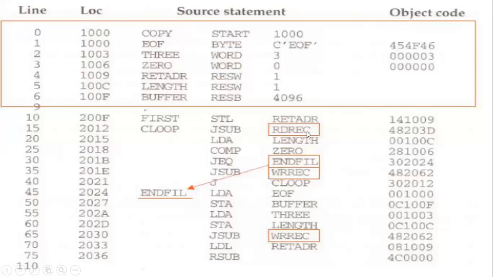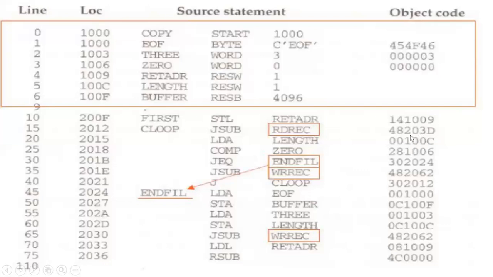For read record, we generate 203D, because this is the location where read record is defined. For write record, 2062 is the location. We have 2036, but here we have 203D. We have a description after this, so remember that they are updated.